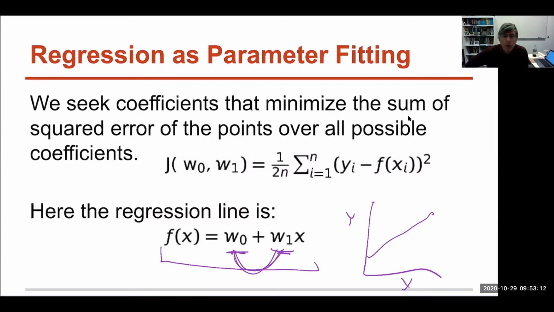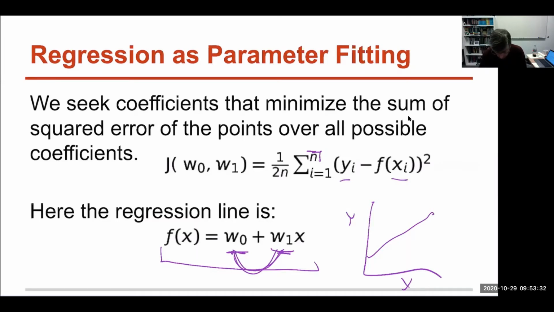Our goal is to minimize least squared error. We know that for every one of our training examples, we're assuming we're given n training examples, each one of them has an x and an associated y.